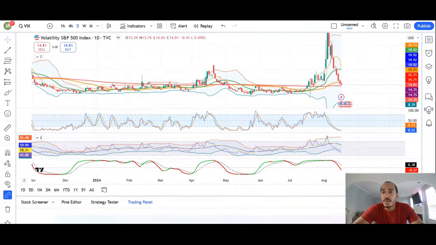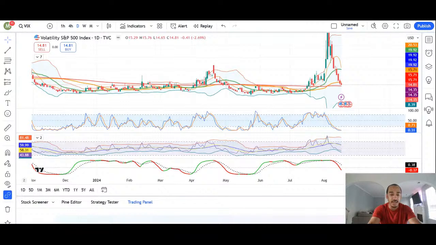So without further ado, we're gonna pull out some charts. I'm gonna pull out the total stock market index, the VTI. The VTI is a total stock market index.